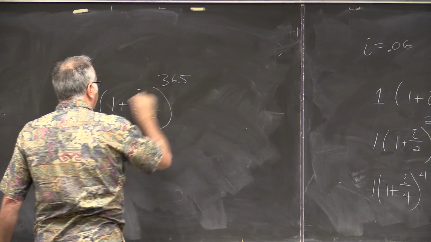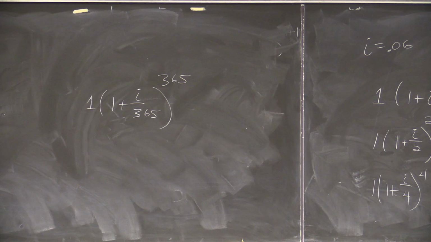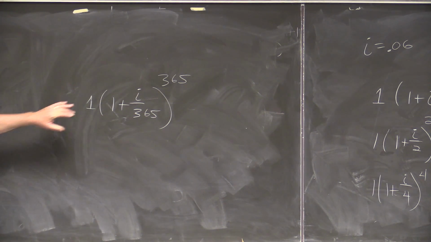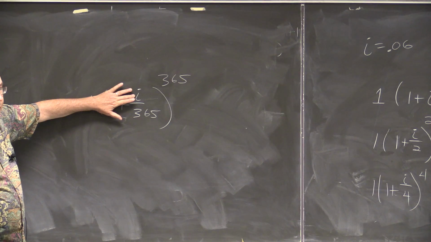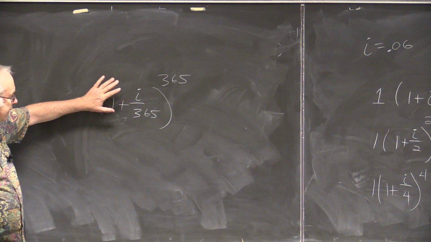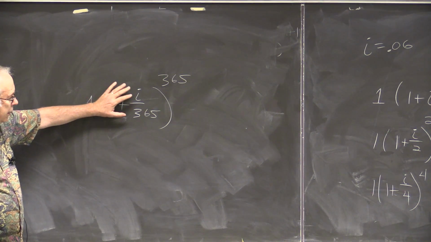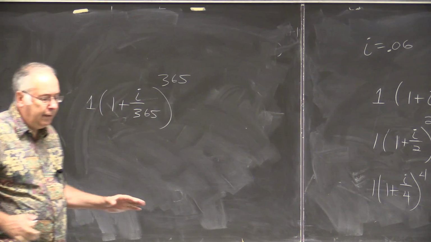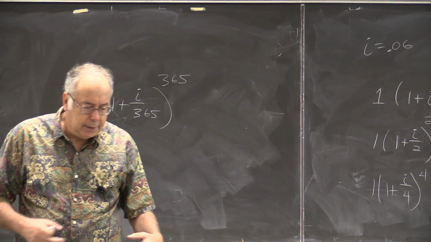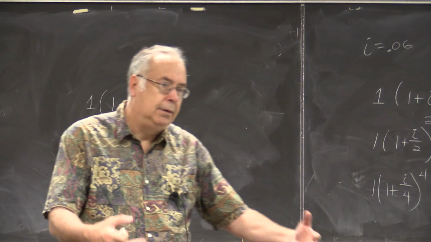This formula would represent how much money, let's say, you would owe them at the end of the year, if this is your annually compounded interest rate. Now this is getting pretty close to what we're thinking of when we think of continual compounding.